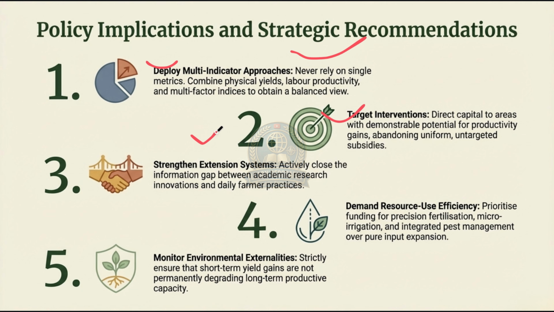Strengthen the extension system, actively close the information gap between academic research innovations and daily farmer practices. Demand resource use efficiency, prioritize funding for precision fertilization, micro-irrigation, and integrated pest management over pure input expansion. Then monitor environmental externalities, strictly ensuring that short-term yield gains are not permanently degrading long-term productive capacity.